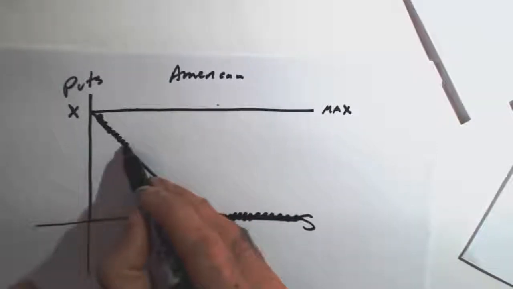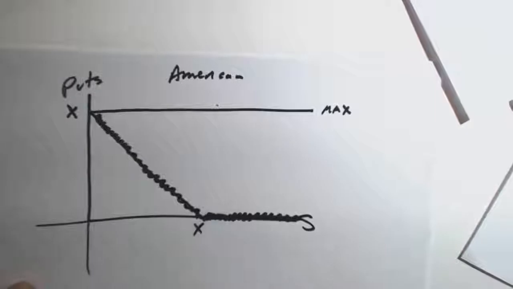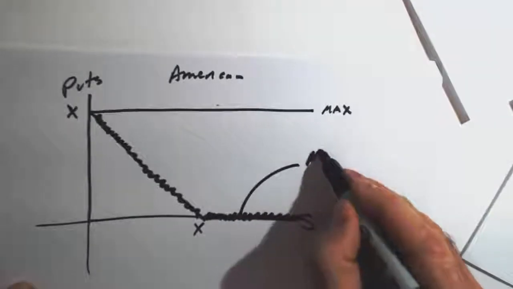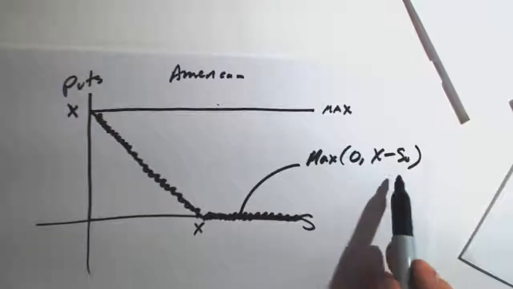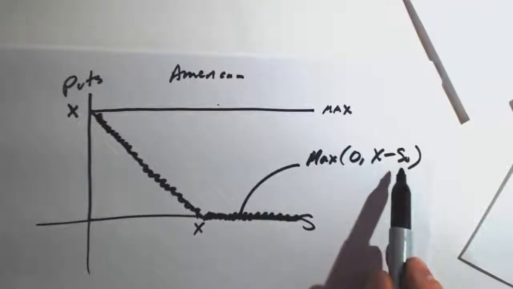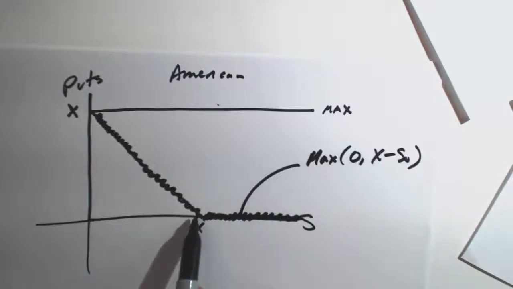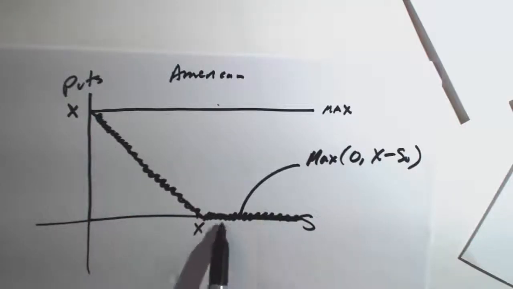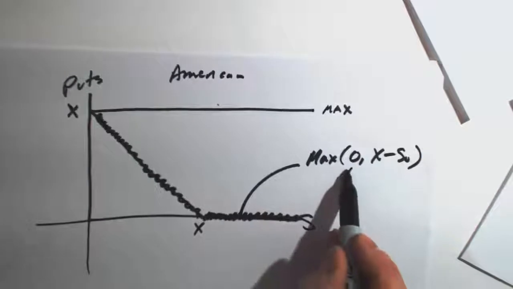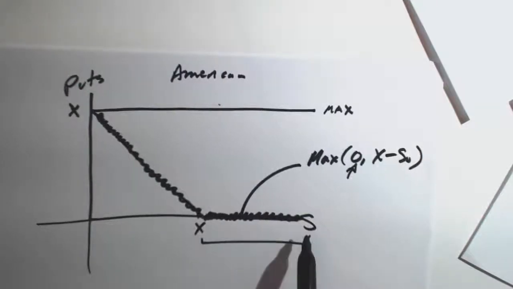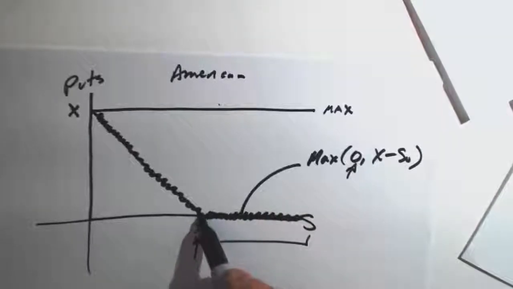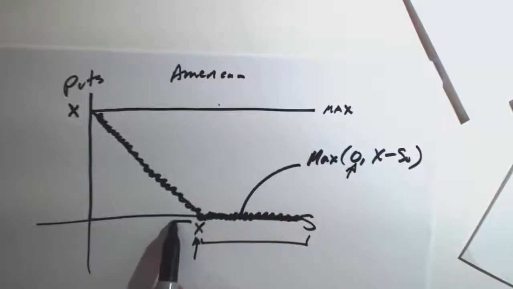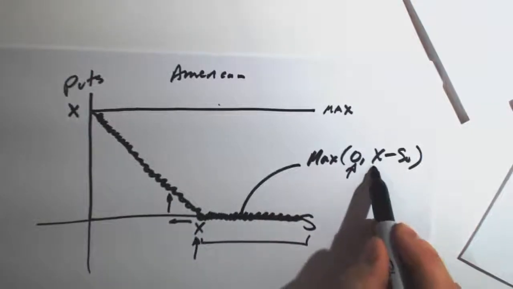That line is denoted as the maximum, the intrinsic value, 0 or X minus S. So if you have an American option, this is what it's worth, the lower bound of it. When the option's out of the money, it's worth 0. When it's at the money, it's still worth 0. Now for every dollar the stock drops, the payoff goes up, because this will stay fixed.